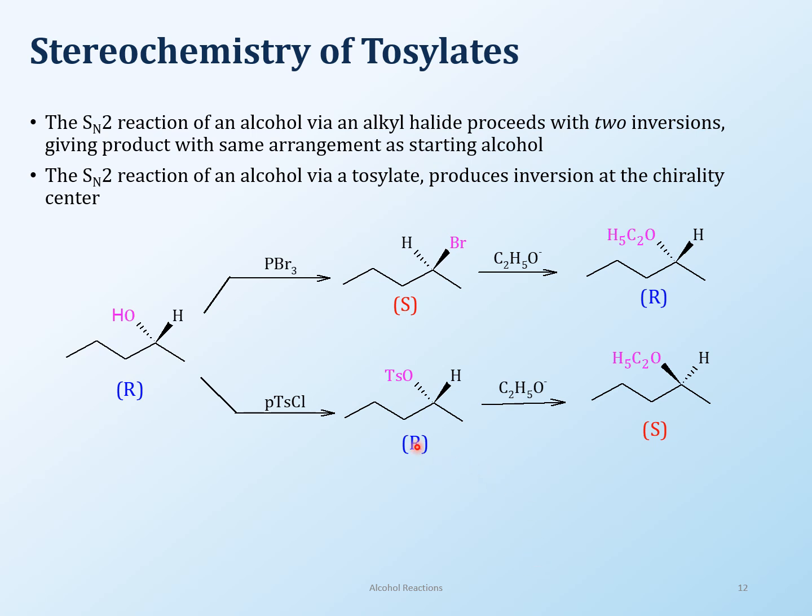Now, here's something to think about regarding stereochemistry. I've given you two reactions that can happen. One was with the PBr3. Remember, you can do substitution directly on the alcohol group, then you get the halide, and that's an SN2 reaction.